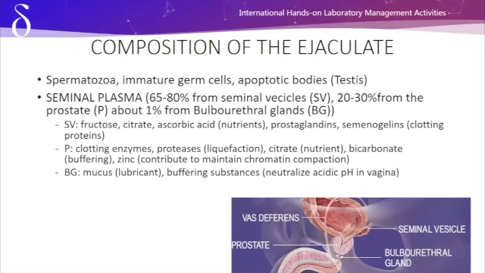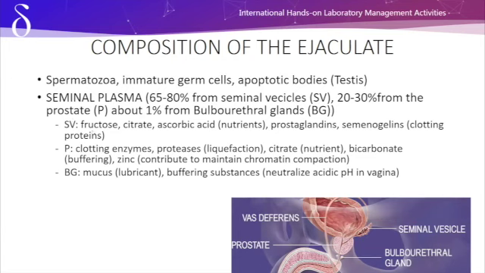Composition of seminal plasma. Seminal plasma is composed of many substances, and from 65 to 80% of seminal plasma is produced by seminal vesicles. About 20–30% is coming from the prostate, from prostatic fluid, and only 1% from bulbo-urethral glands that are in a position after the prostate.